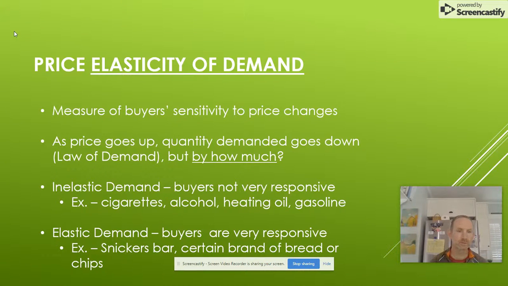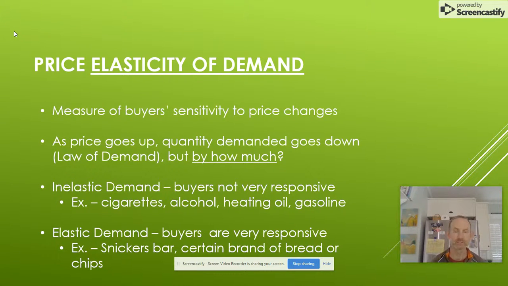So we have sort of two categories, inelastic demand and elastic demand. Inelastic means that buyers are not very responsive to price changes. Good examples of that would be things like cigarettes, alcohol, heating oil, gasoline. If you use any of those things, when the prices go up, you pretty much are guaranteed you're going to keep buying them.